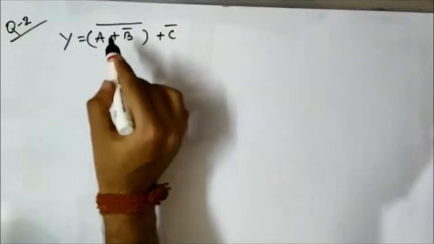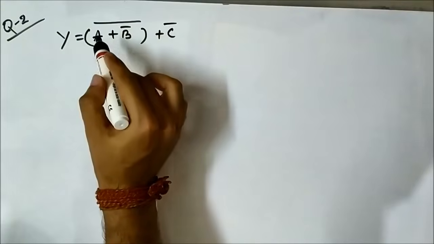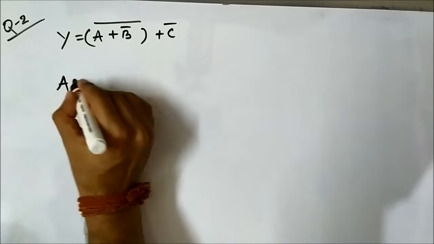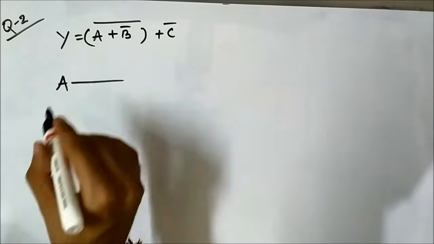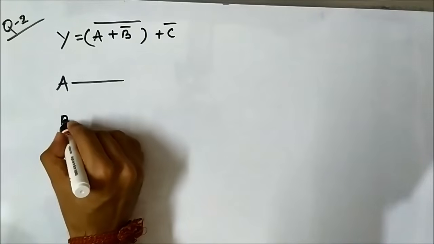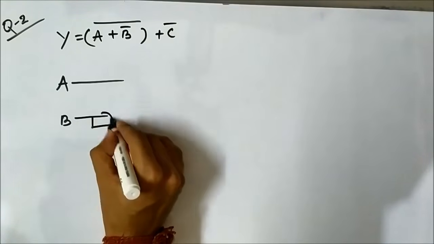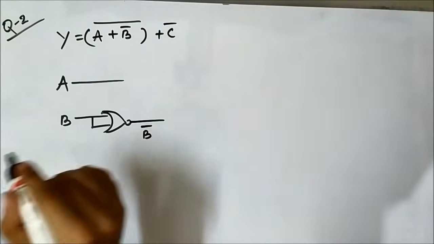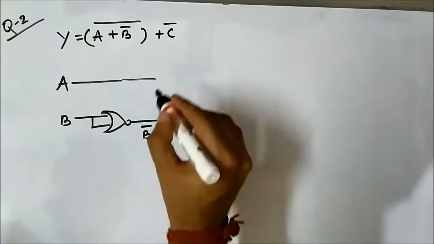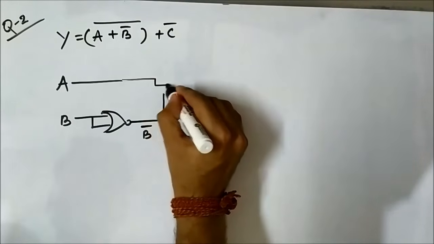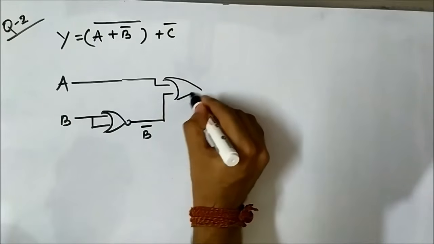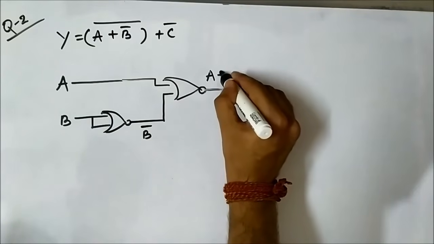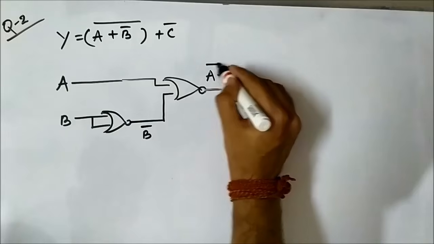So first we will implement this (A or B complement) whole complement. For that we'll take the signal A, we have to get B complement, so we'll pass it through a NOR gate, we'll get B complement, then we'll pass these two signals, we'll get (A plus B complement) whole complement.